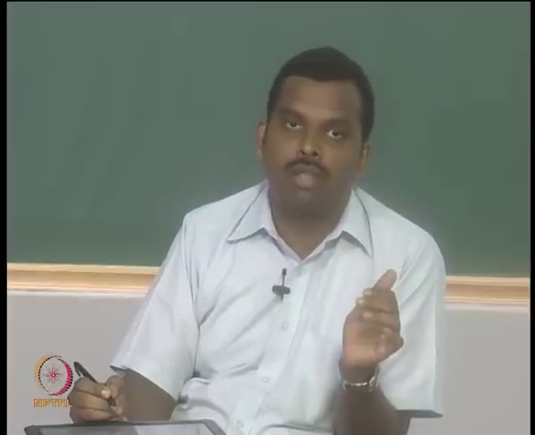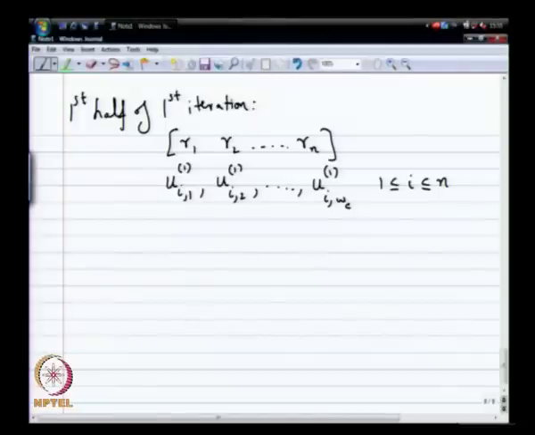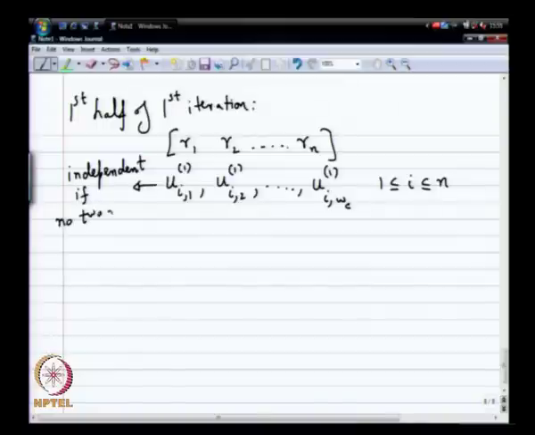If the rows of the parity-check matrix do not overlap in more than one position, then all these estimates will in fact be independent for each bit. So these things are independent if no 2 rows of H overlap in more than one position.